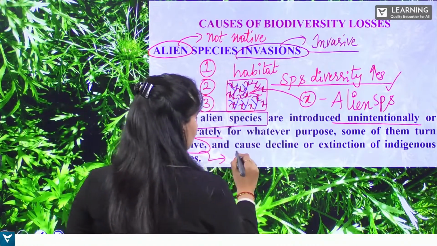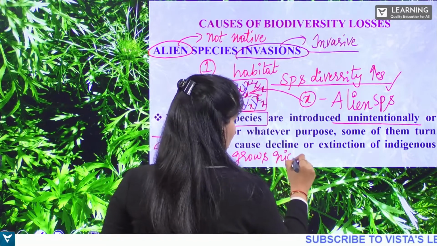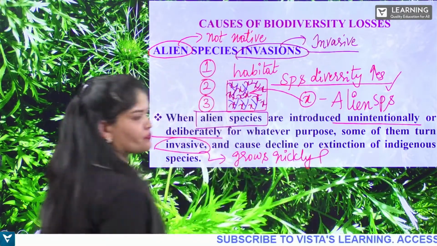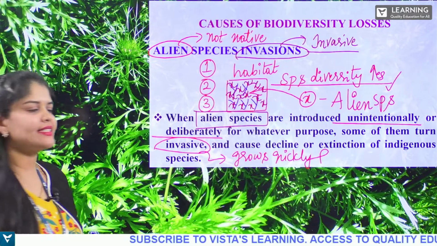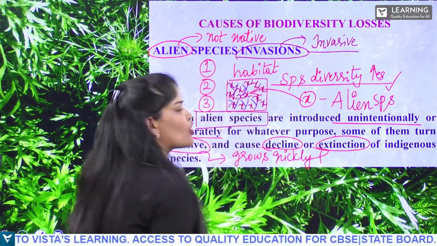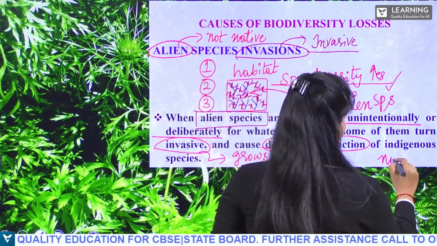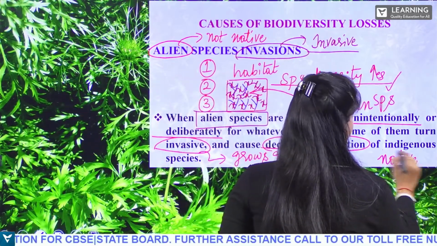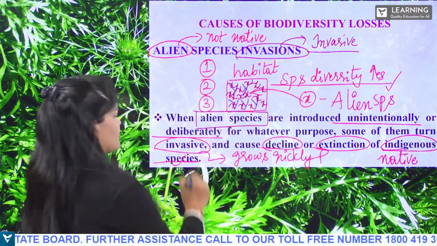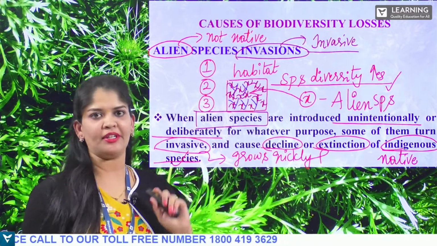Invasive is nothing but which grows faster, which grows quickly, causes decline, or it may cause extinction of the indigenous, that means native, species. That means the species which already exists, which is native to that particular habitat.